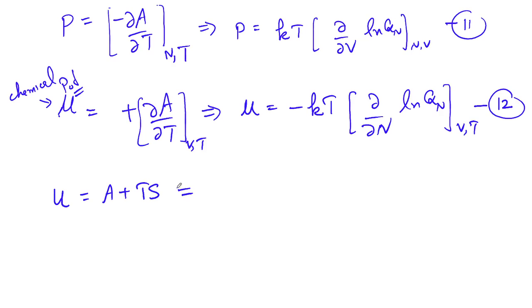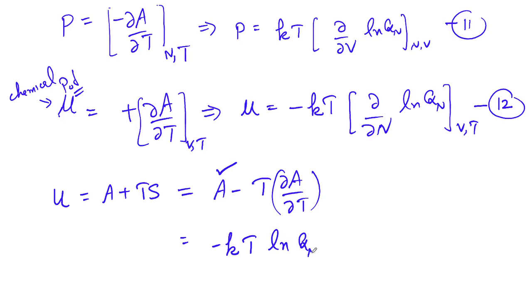Putting the value of entropy, I can write this equation as A minus T partial A over partial T, and putting the value of A, this equation is written as minus kT log Qn plus T k partial by partial T of log Qn.